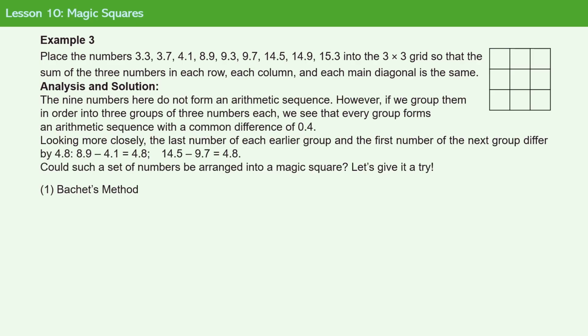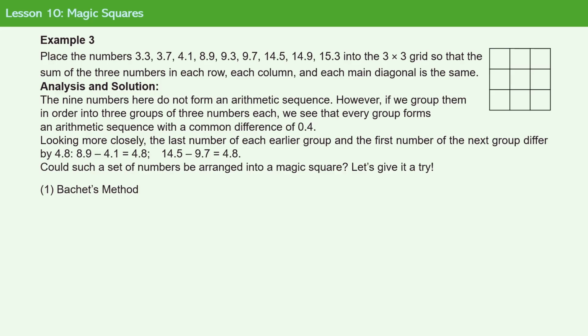The 9 numbers here do not form an arithmetic sequence. However, if we group them in order into 3 groups of 3 numbers each, we see that every group forms an arithmetic sequence with a common difference of 0.4. Looking more closely, the last number of each earlier group and the first number of the next group differ by 4.8. Could such a set of numbers be arranged into a magic square?